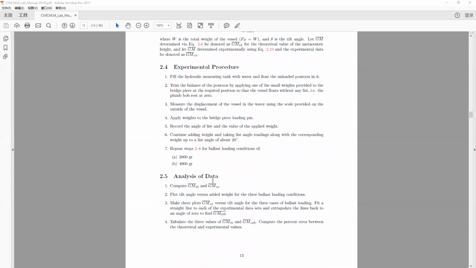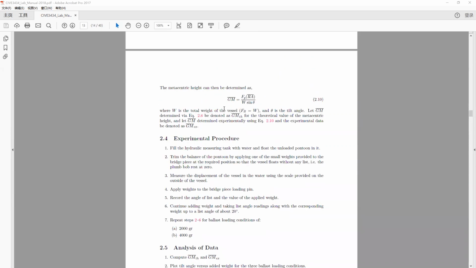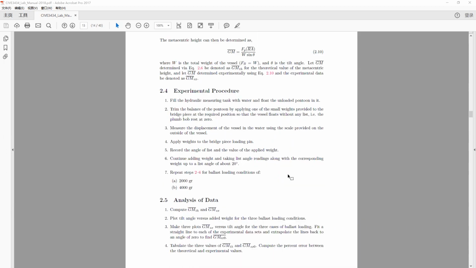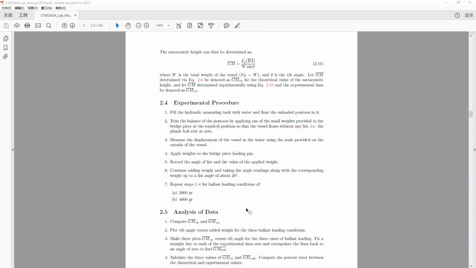And GM experimental is equation 2.10. For each case, GM theoretical is just one value, but the GM experimental values are different because I provided you a list of data with different listing angles. For every listing angle, there is a corresponding mass.